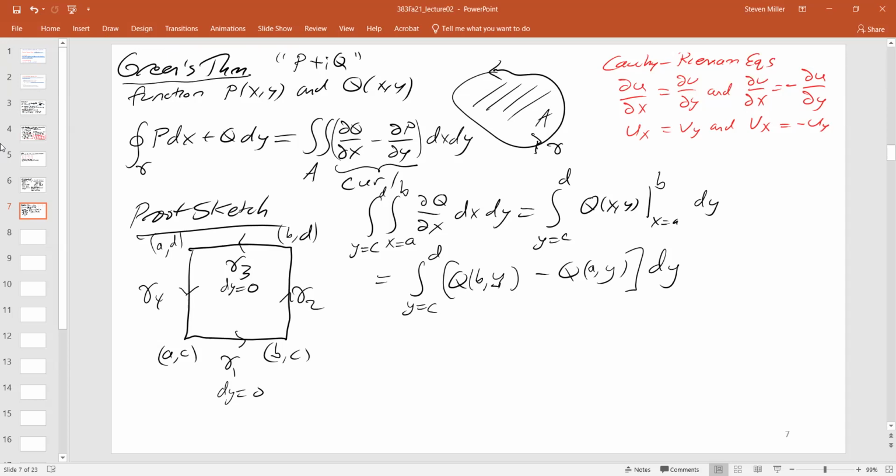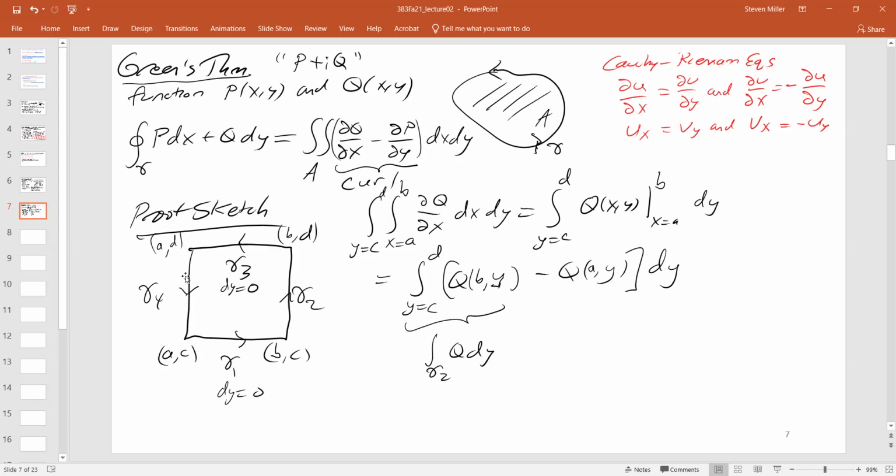And so on gamma 1, the integral of q dy is 0. On gamma 2, what's the integral of q dy? That's just this piece over here. On this piece, there's no contribution.